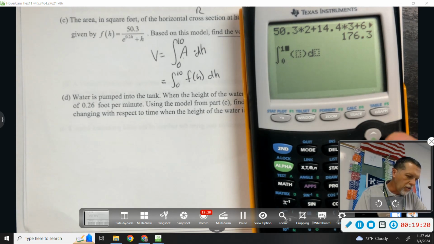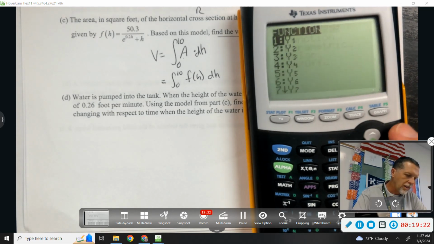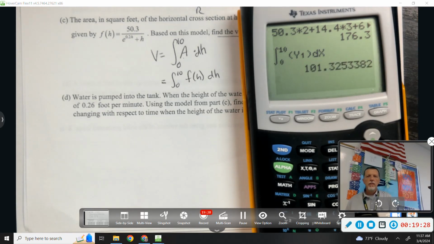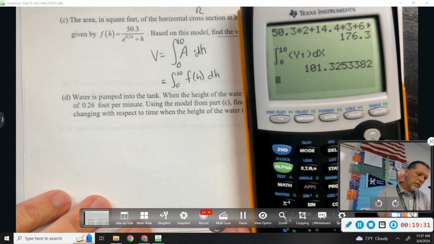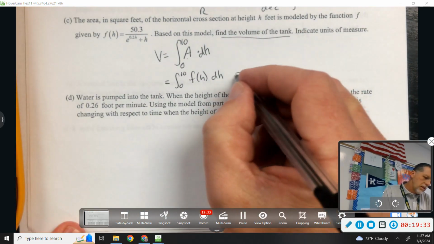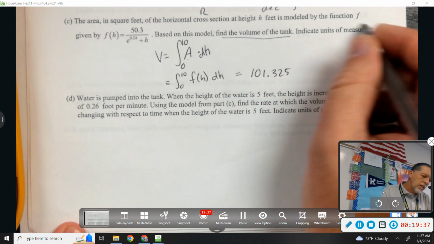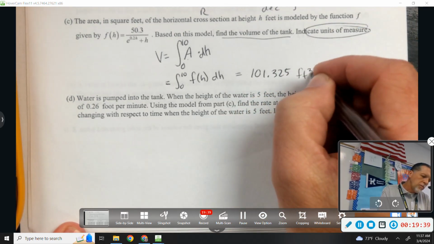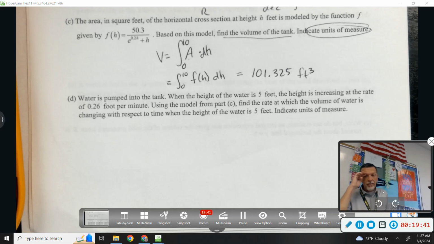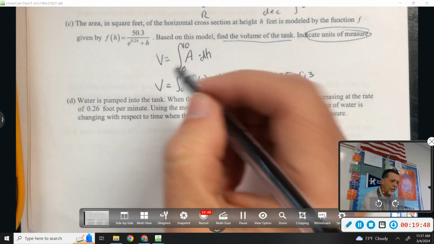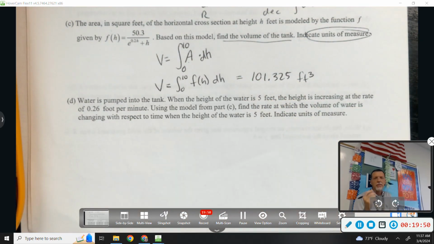Okay, so now I can just do y1. .325, units of measure. It's volume and everything's in feet, so it's got to be feet cubed. I assume they want you to think about feet squared times feet, but you don't even have to do that. The volume's got to be feet cubed.